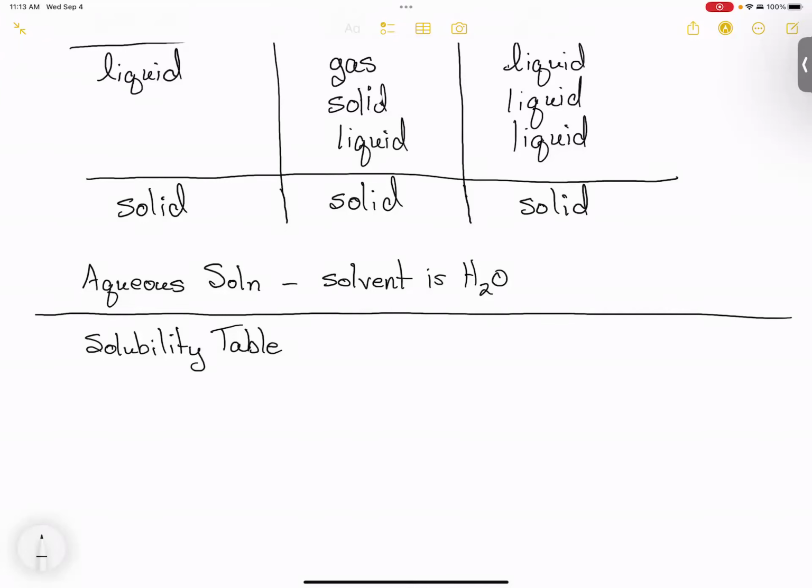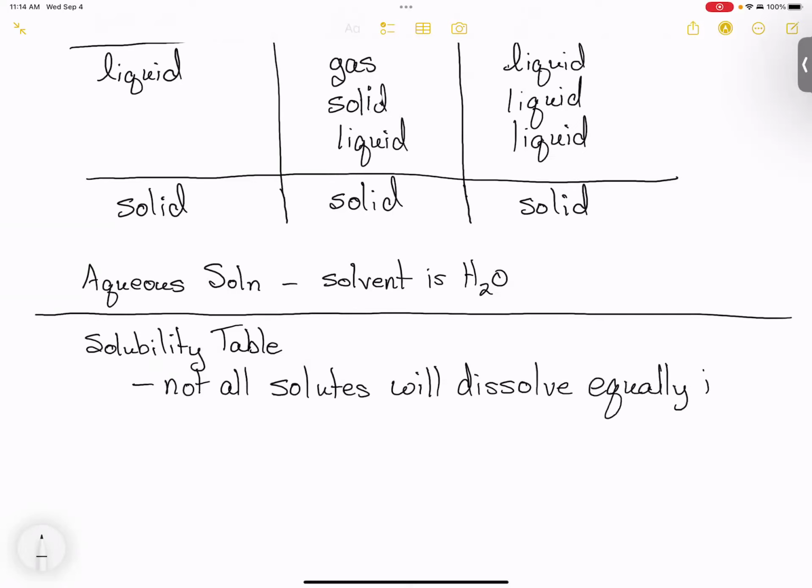But what does the solubility table basically say? It basically indicates that not all solutes will dissolve equally in a given solvent.